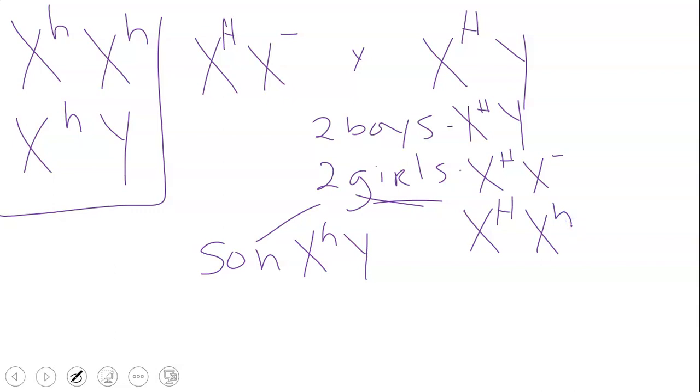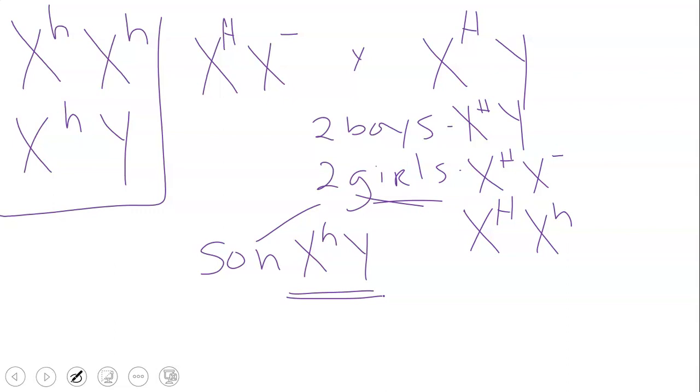In order to have a son, mom always gives the X chromosome in boys. The Y comes from dad, the X comes from mom. So if the son has that recessive little h allele, he must have gotten that from his mom. And so one of the girls, the mom of this son, must be a heterozygote, a carrier of that recessive nasty allele.